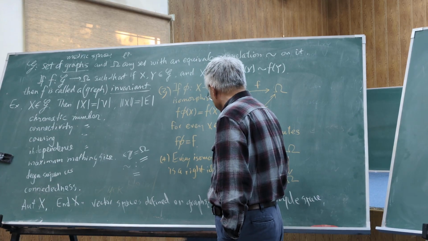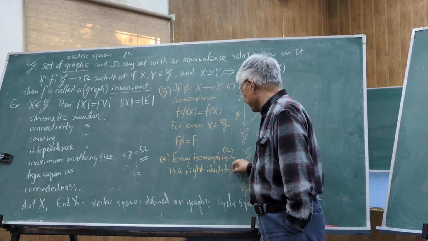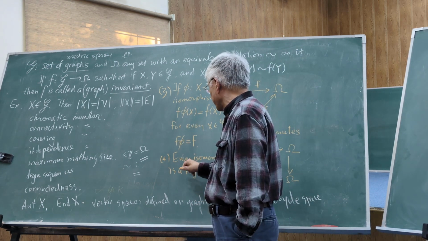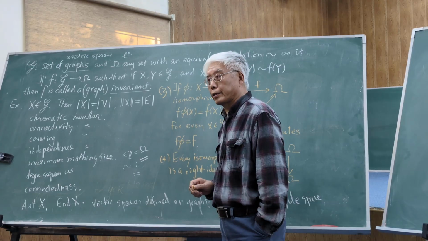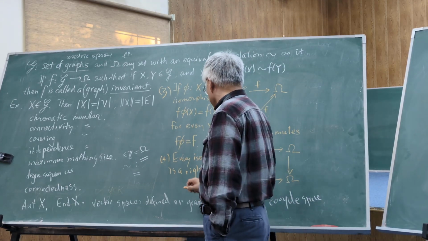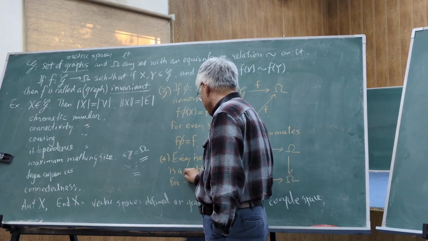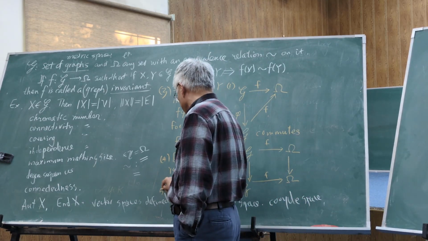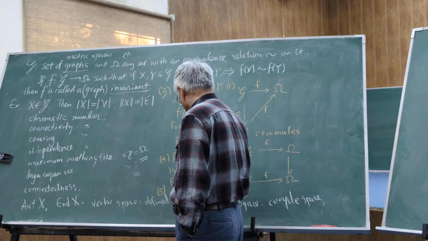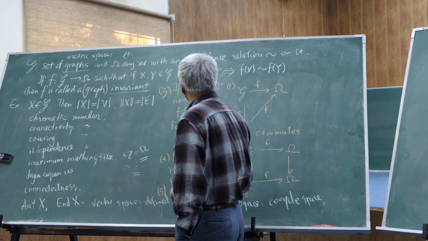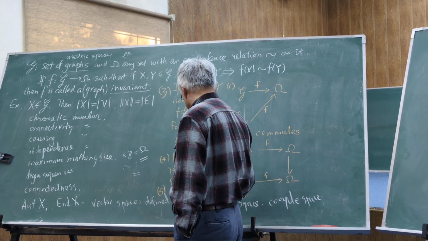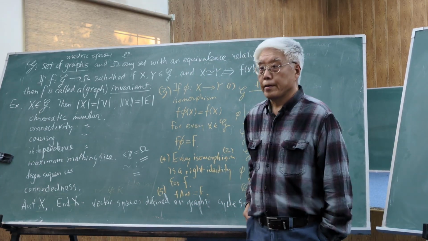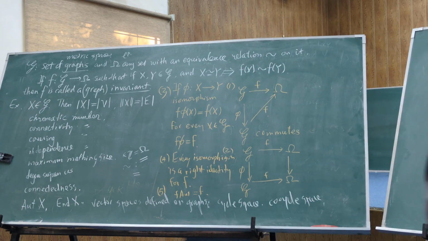This is the definition of the invariant with respect to F. Because F is an invariant if every isomorphism is a right identity for F. Another way of writing this is F of phi is F. This works for every isomorphism.